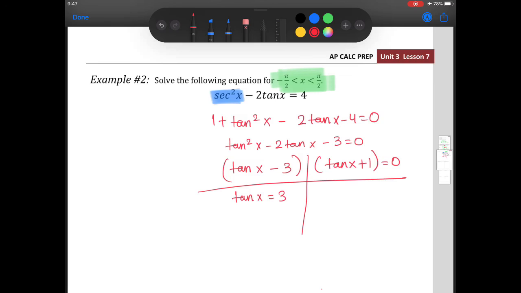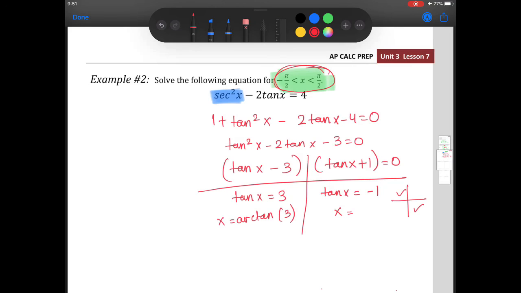Tangent x equals 3. x is equal to arctan of 3. Now, how about this one? Tangent x equals negative 1. Tangent is negative in the second and fourth quadrant, and it is for 3 pi over 4 and 7 pi over 4.